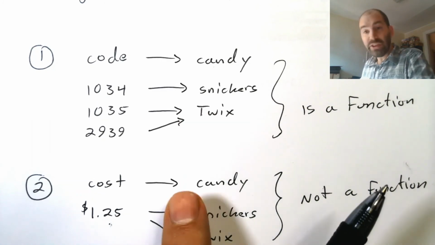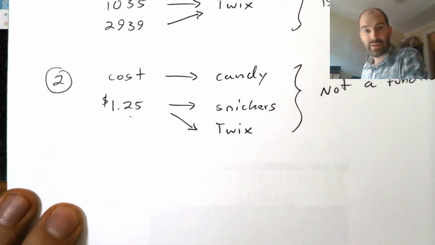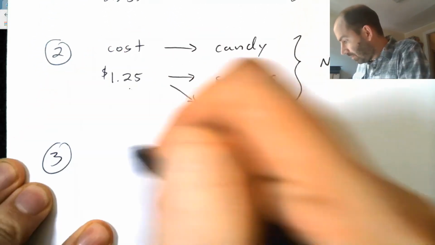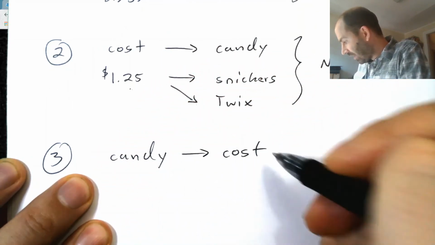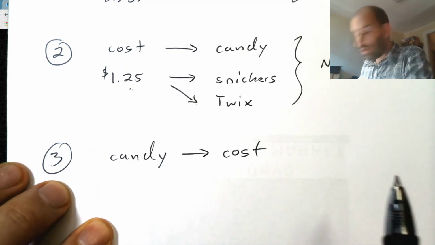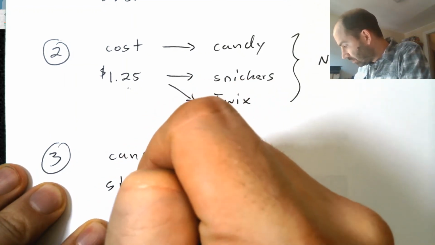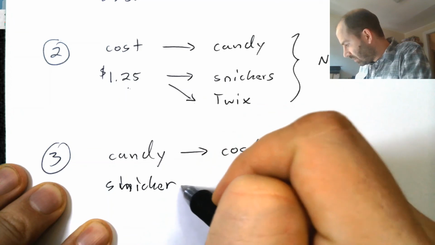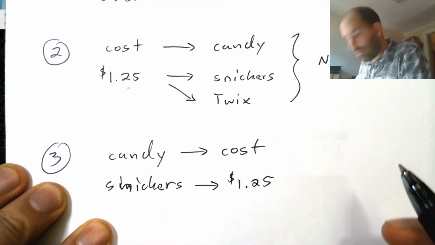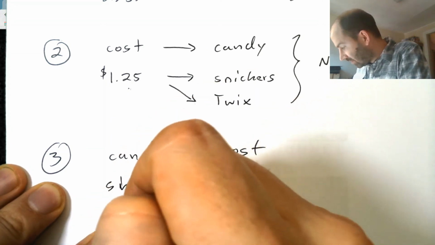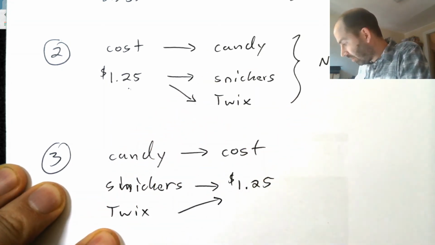Now, if I reversed this, I'd be okay. All right. If I said candy and I tried to associate with that the cost, well, Snickers is associated with $1.25, and Twix is associated with $1.25.